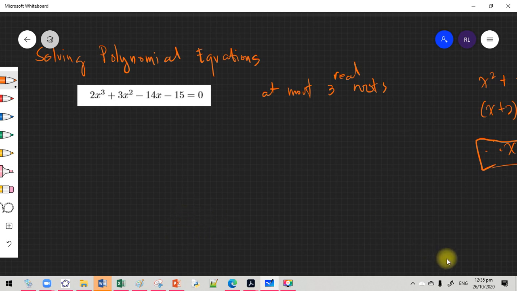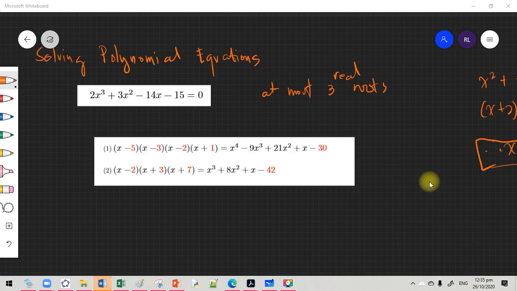So here, notice in number 1, the polynomial expression is x raised to 4 minus 9x cubed plus 21x squared plus x minus 30.